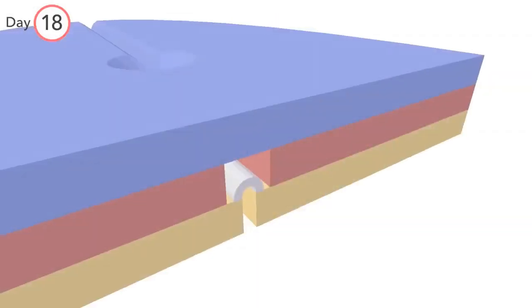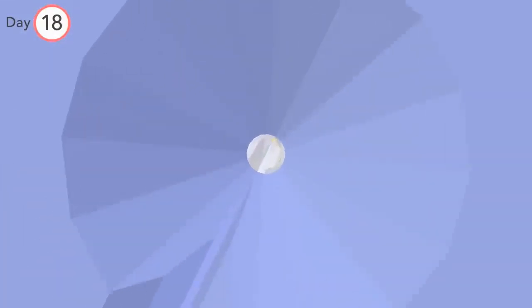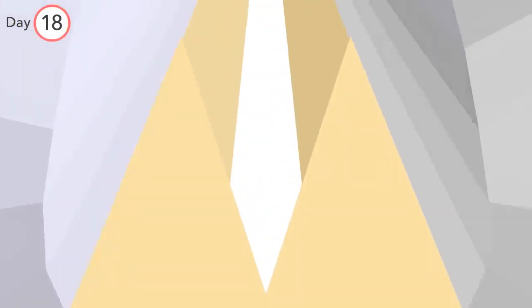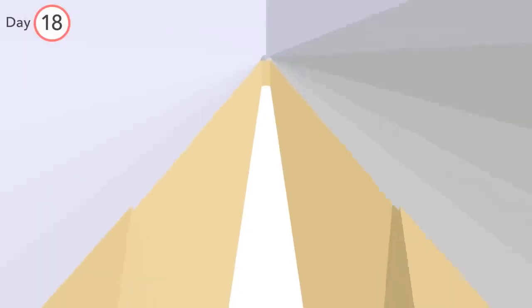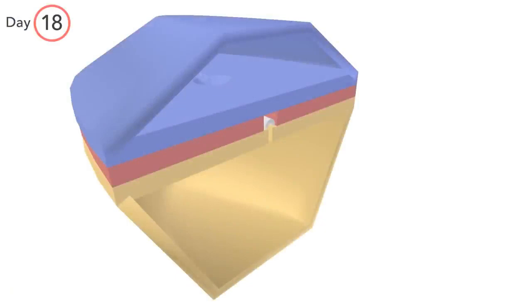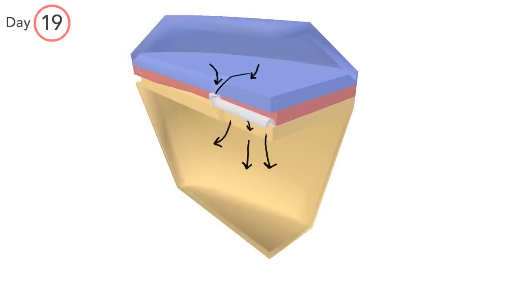Let's take a look through to solidify that, starting at the primitive node. We're looking down through what is known as the neuroenteric canal, and the space we can see into is the yolk sac. It's theorized that this brief communication between amniotic cavity and yolk sac allows pressure equilibration between the two cavities of the early embryo.